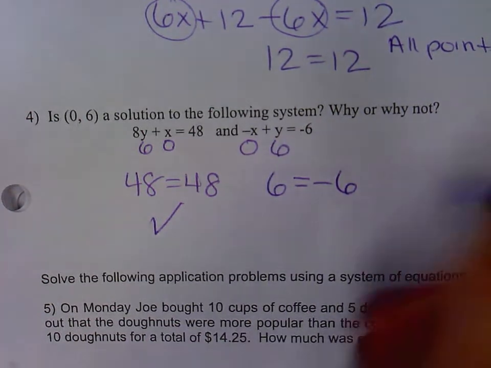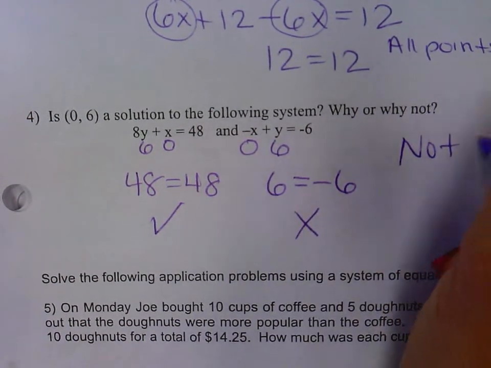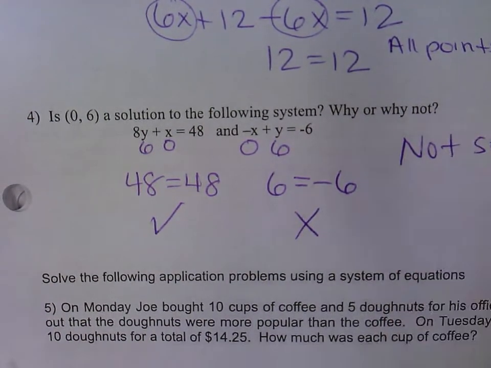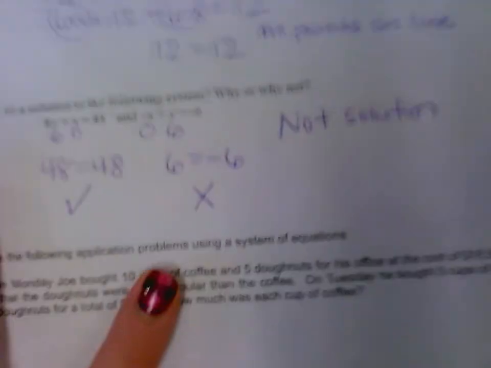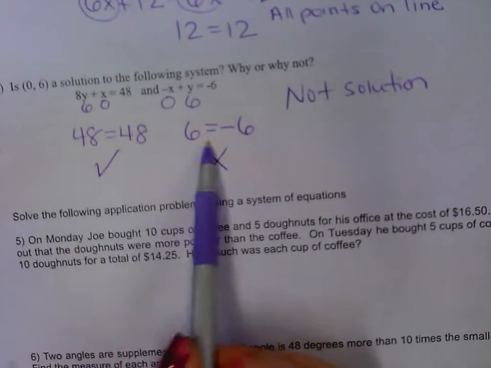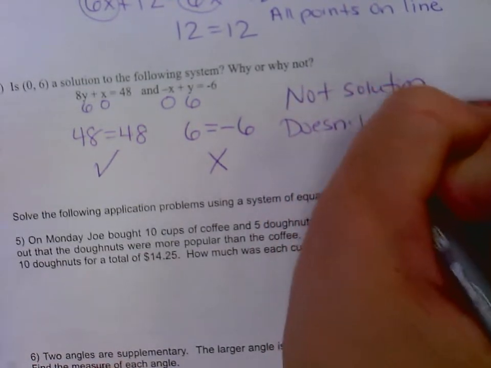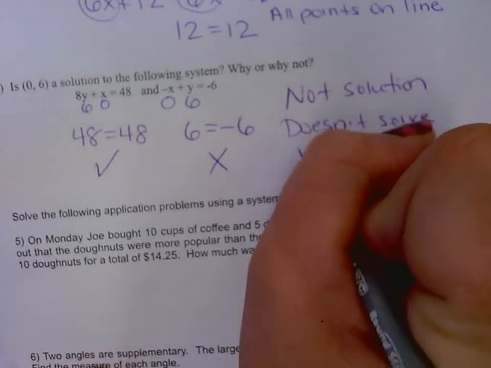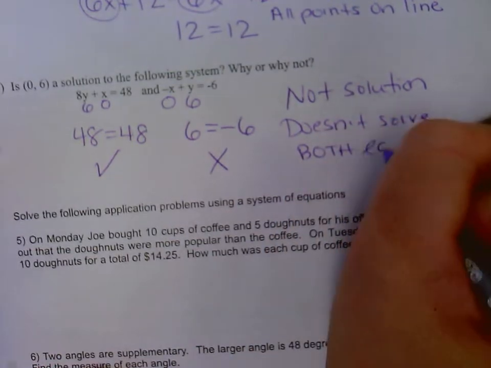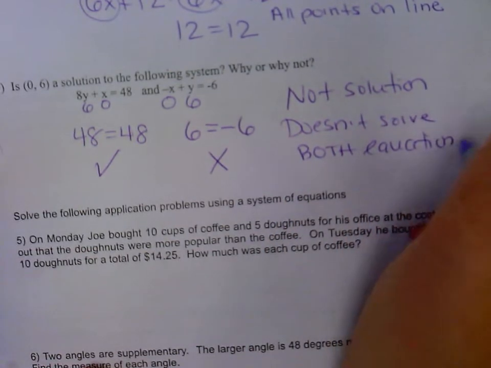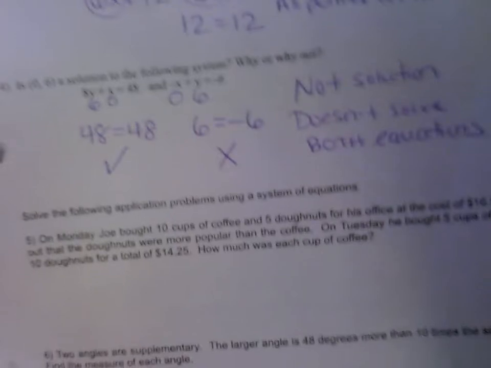So I would say it is not a solution. And it says explain why or why not. I'm just going to say that it doesn't solve both equations, right? It could solve one, but that doesn't make it a solution to the entire system.